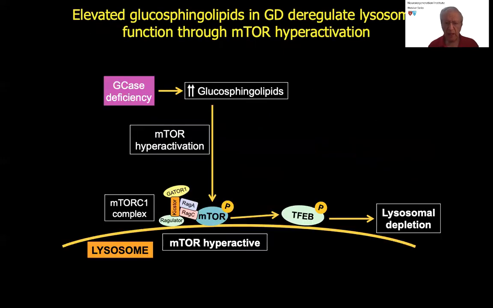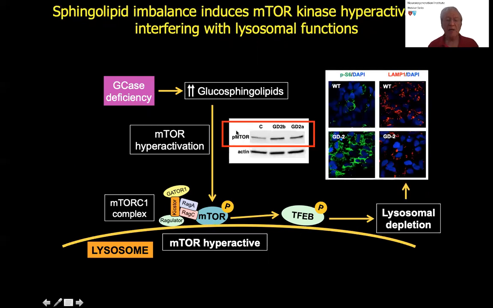Well, we are going to show data showing that when there is GCase deficiency, there is an increase in glucosylsphingolipids, and this mTOR complex, mTOR-C1, is hyperactivated, leading to lysosomal depletion. And here, this is a Western blot and also image analysis showing that this phosphorylated mTOR is elevated in 2 different patient neurons, which we call GD2B and GD2A here.